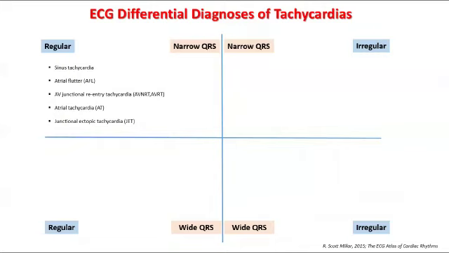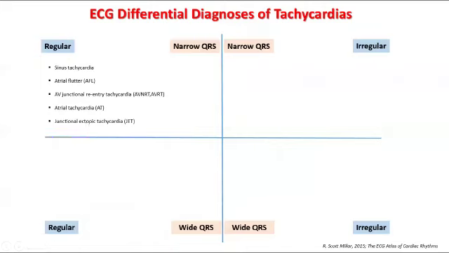Atrial flutter, or we can have AV junctional reentrant tachycardias, for instance, your AV nodal reentrant tachycardia, or AVNRT in short, or we can have our atrioventricular reentrant tachycardia, or AVRT. We have things like atrial tachycardia, like your focal atrial tachycardias. And we can have junctional ectopic tachycardia.